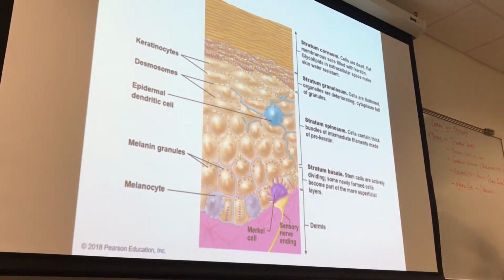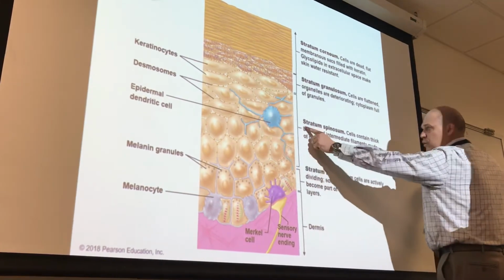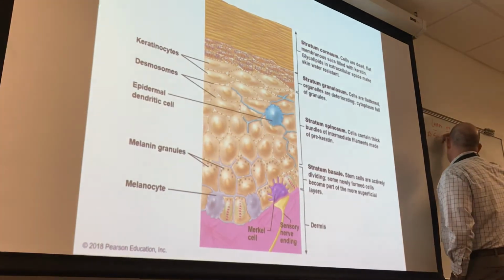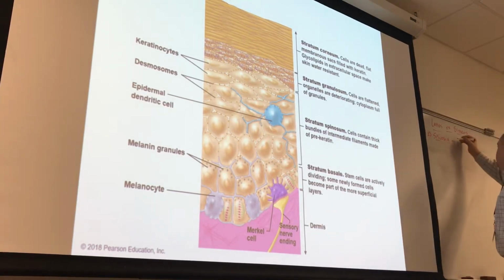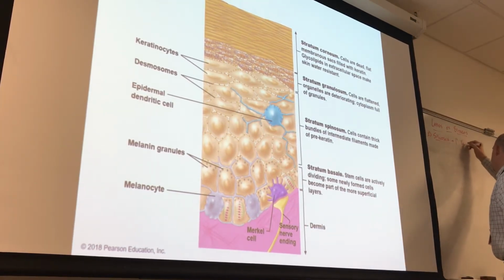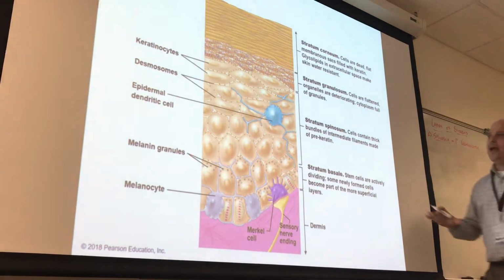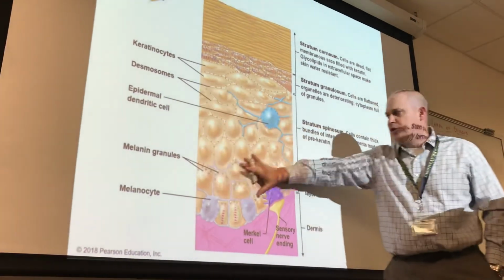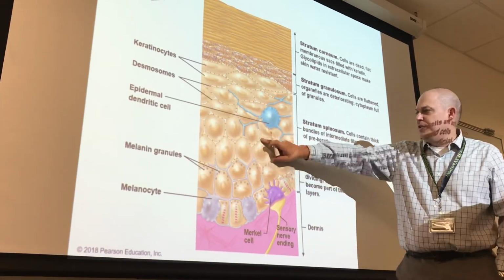All right, next layer. As we move up, we now move into the layer called the stratum spinosum. The stratum spinosum is primarily made up of keratinocytes. The vast majority of these cells are keratinocytes, and they're starting to secrete little granules.